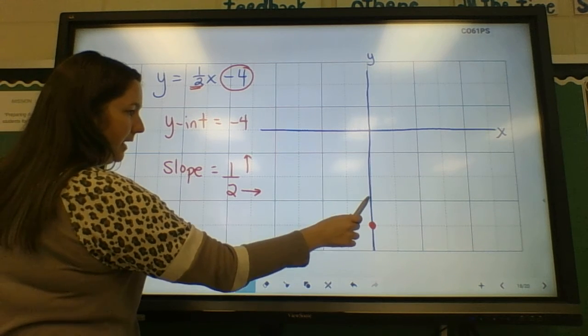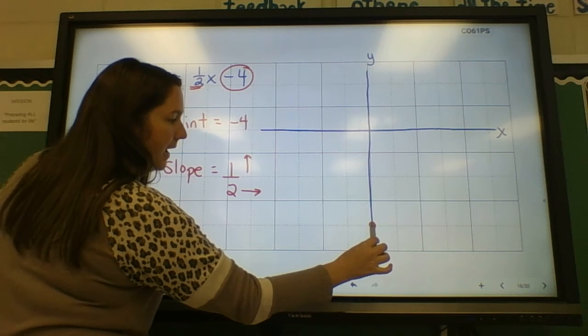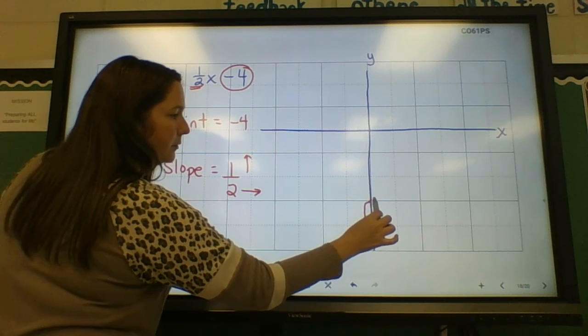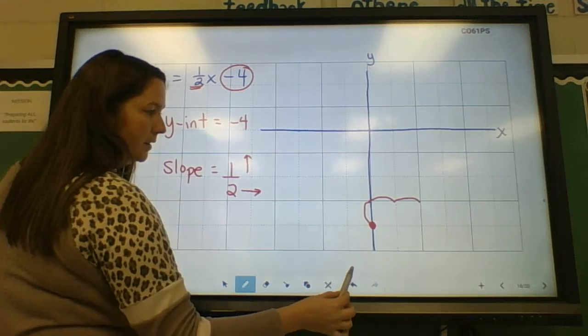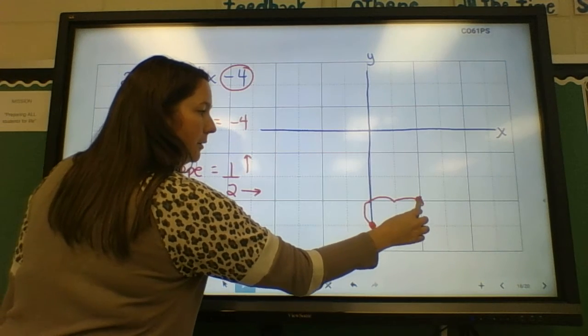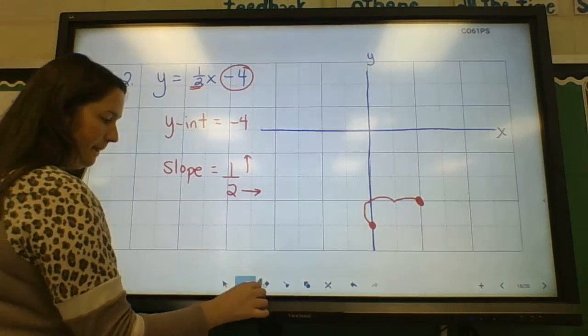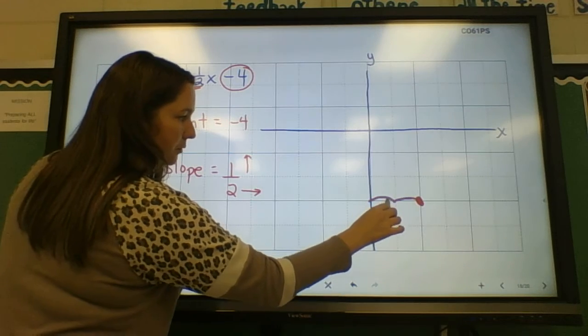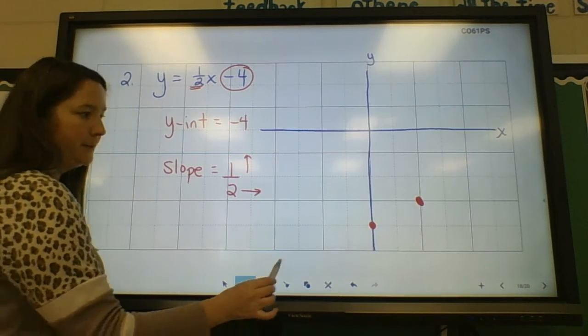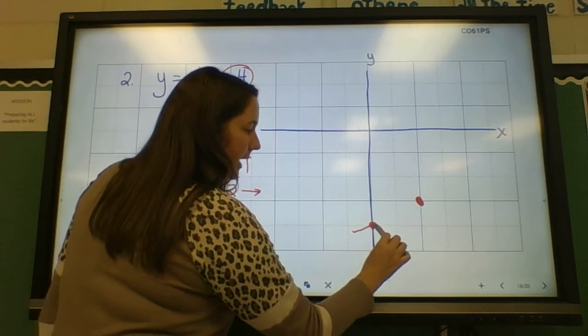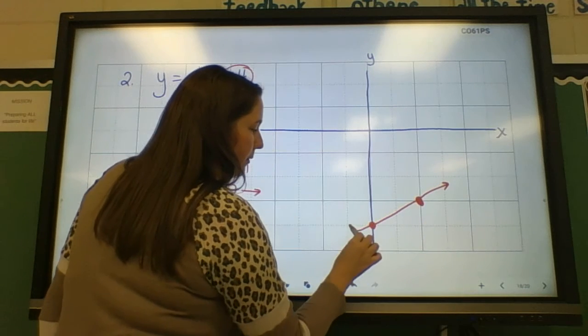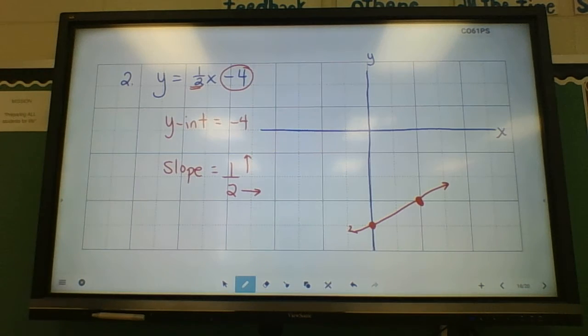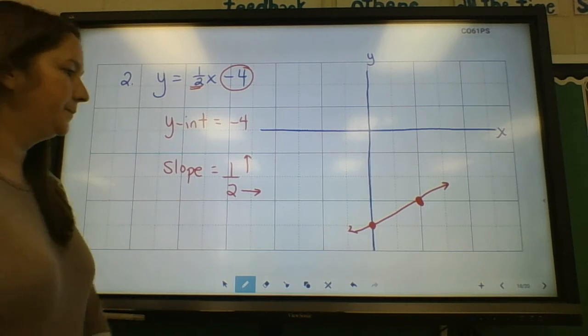So I rise 1, run 2, and then I will draw an ordered pair there. All right, so then I'm going to connect my ordered pairs. And that is my line for that equation.